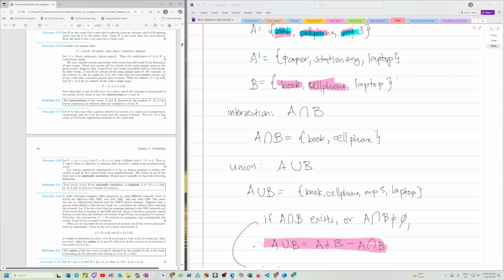But if they are disjoint, this means that nothing is common between them.